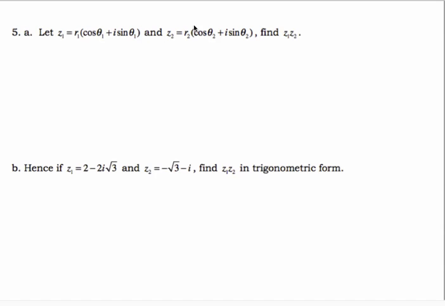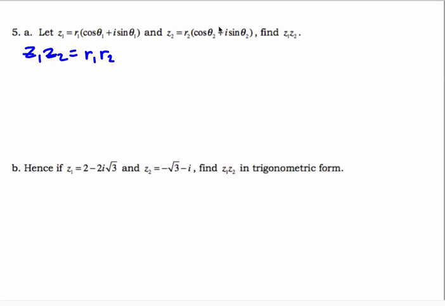Okay, next we're going to look at what happens when we multiply two complex numbers in modulus argument form. If it's in Cartesian form, you've got to use the distributive property and FOIL this out and all that. But we can also multiply them pretty easily if they're in modulus argument form, and we'll see what happens in a second. So if I multiply these two quantities together, we'll get z1 z2 equals, we'll multiply the r's together, those are real numbers, just multiply them.